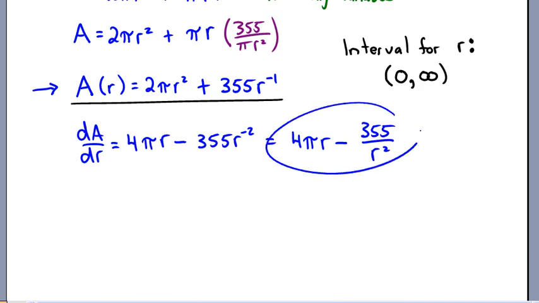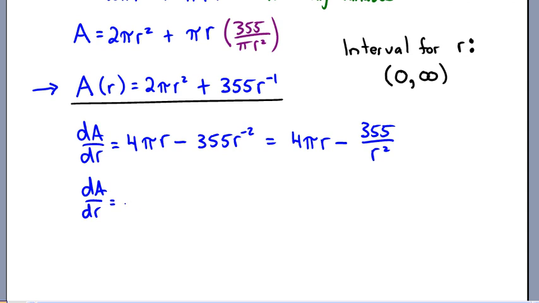And as I stare at this thing, it's really hard to know, like, where is that equal to 0? So I'm just going to rewrite it with a common denominator. Okay, so dA/dr, my derivative, talking about the slope of that graph. If I go with a common denominator of r squared, I think that would be helpful.